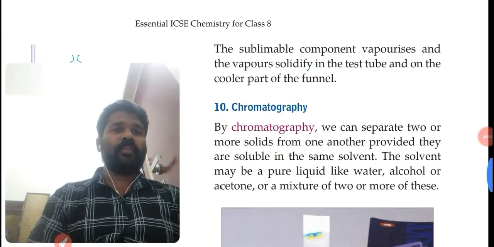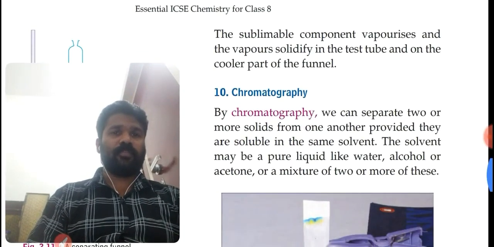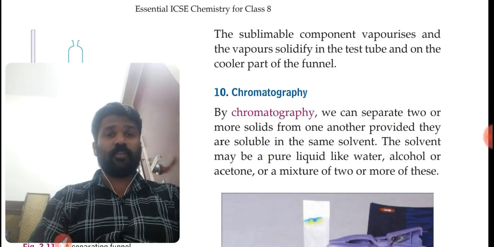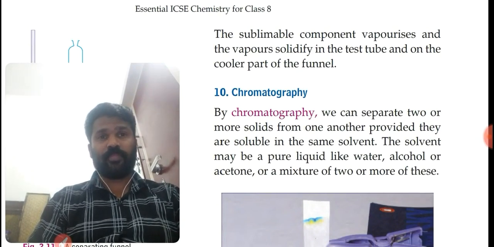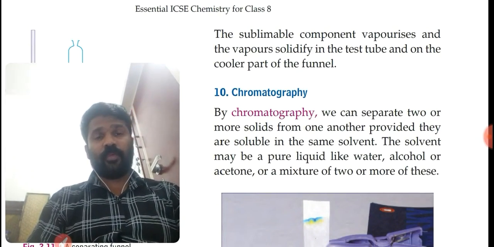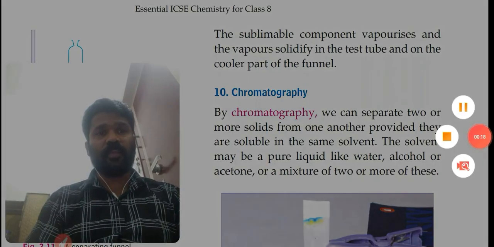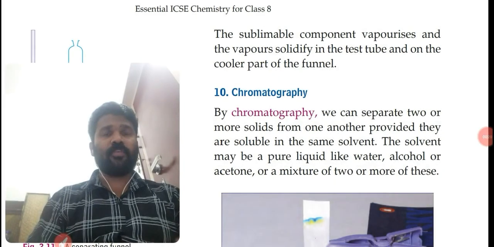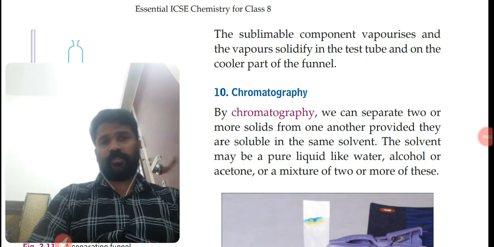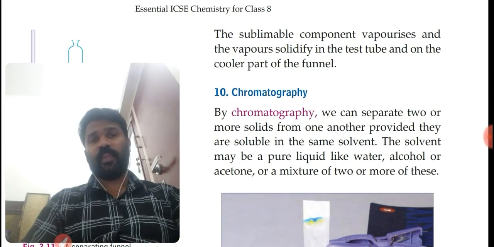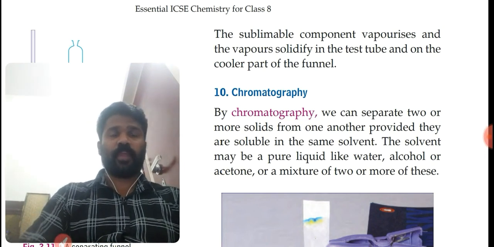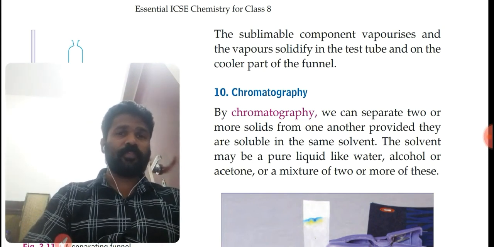Ammonium chloride will vaporize, because it is a sublimate. In this type of reaction, the sublimable component vaporizes and the vapors solidify in the test tube and on the cooler part of the funnel. In this way, we can separate the sublimate from a mixture of salt or sugar and so on.